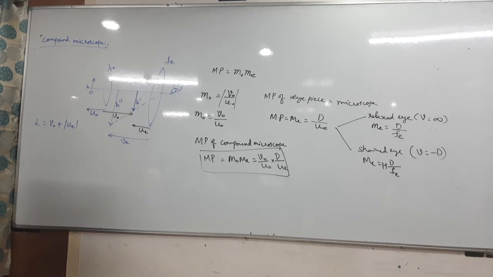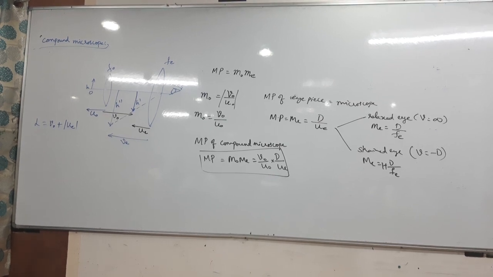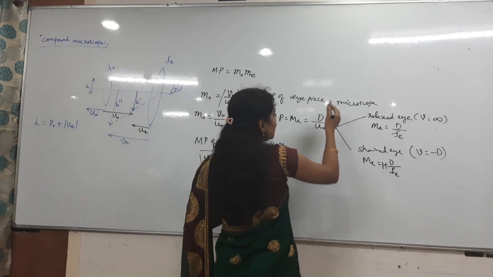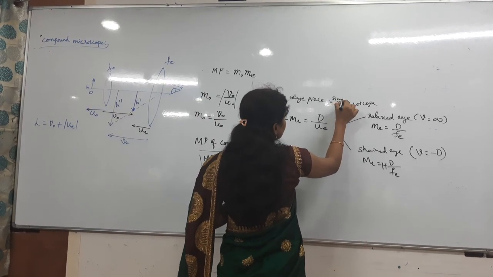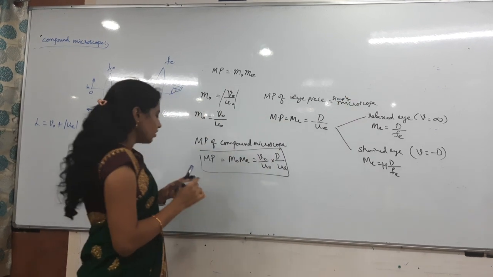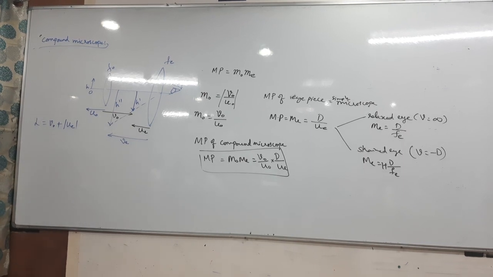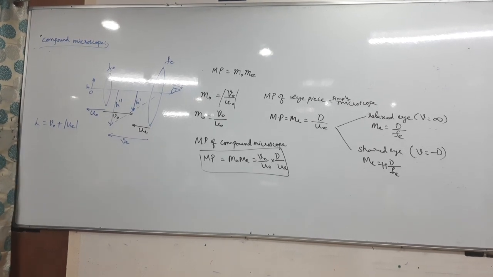Copy that. The magnifying power of the compound microscope is the product of the magnifying power of the objective lens and the eyepiece lens.